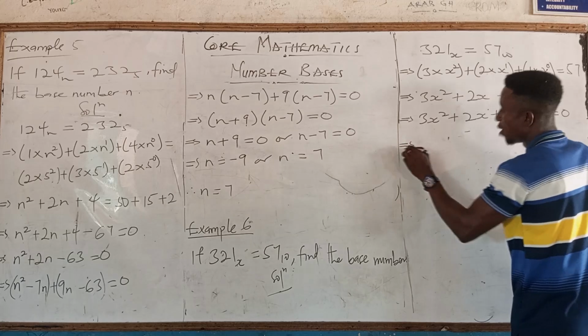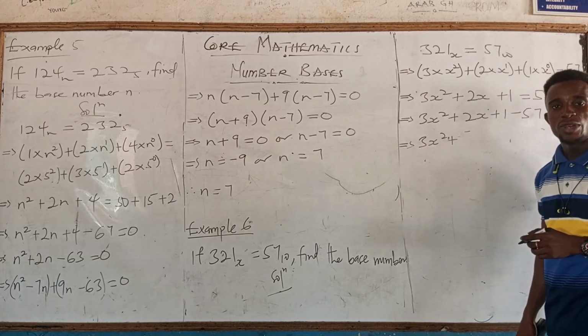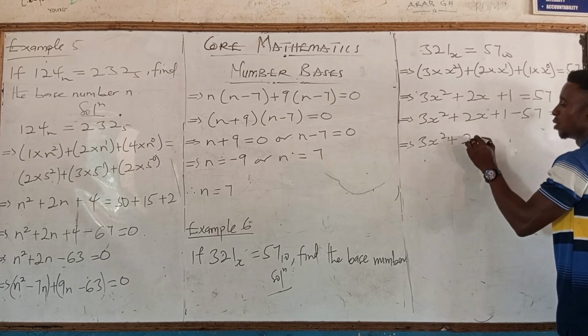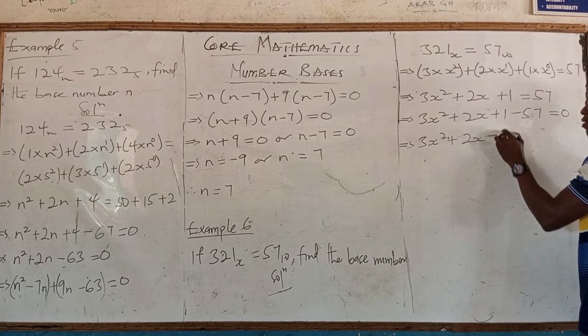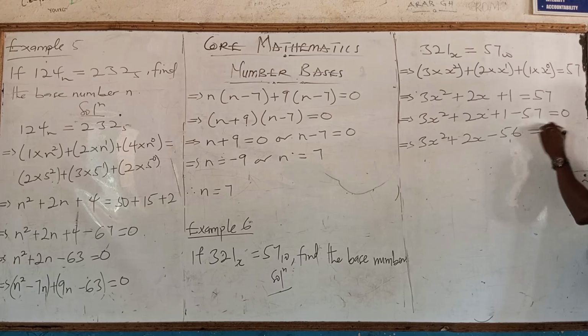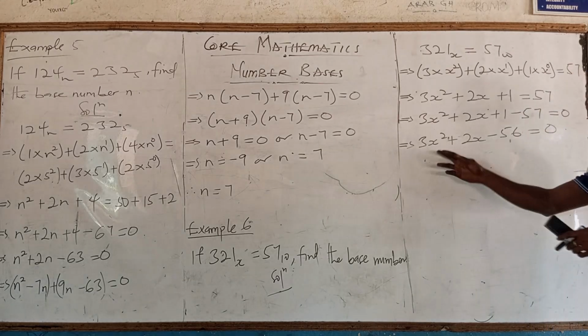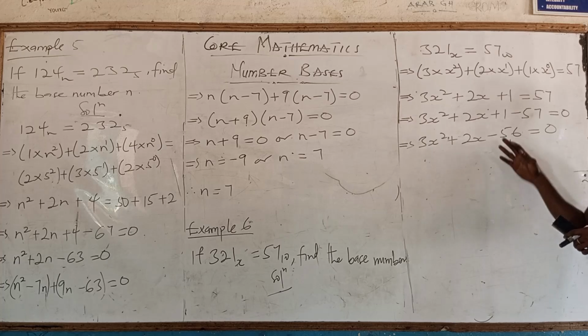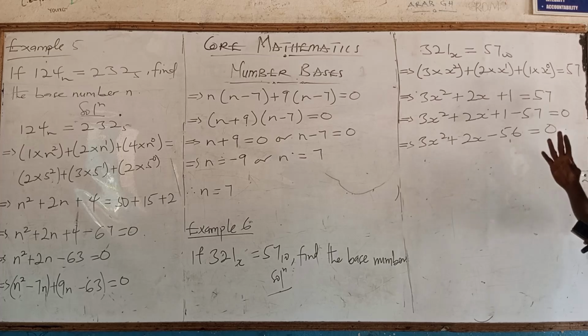Then now we have 3x squared plus, are you with me? 2x. Then when we subtract, we get minus 56, which is equal to 0. Then what do we do? We have 3 steps. So we multiply this by that, whatever. No, we are not going to do that.